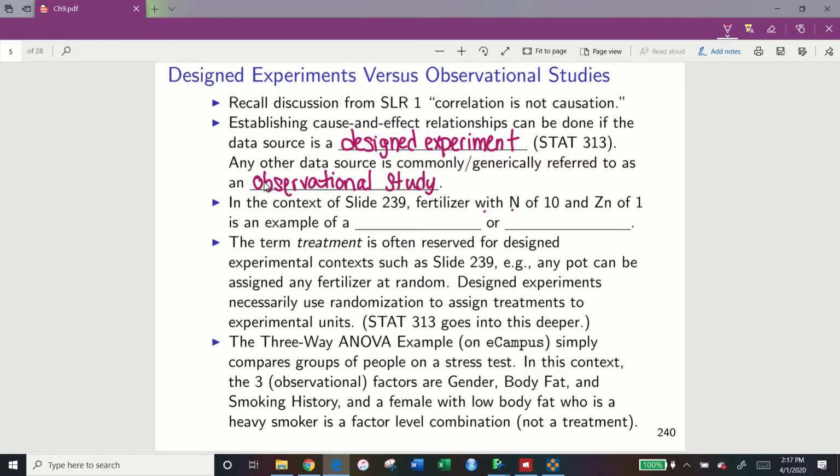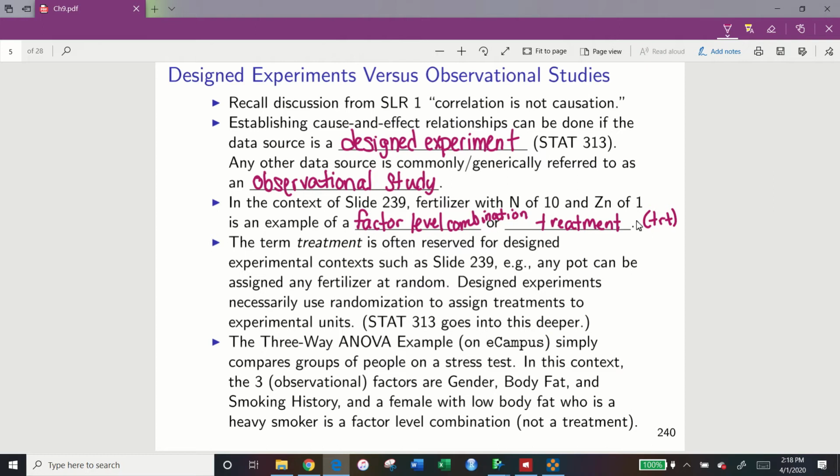In the context of slide 239, fertilizer with N of 10 and zinc of 1 is an example of a factor level combination, also, or a treatment.